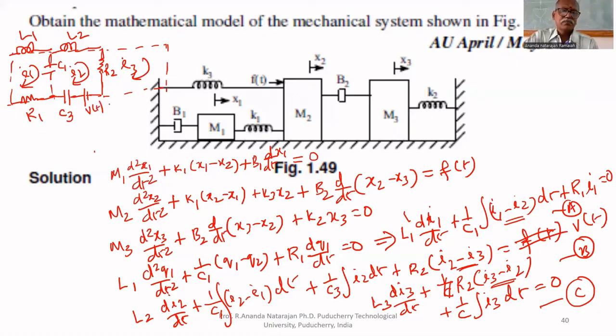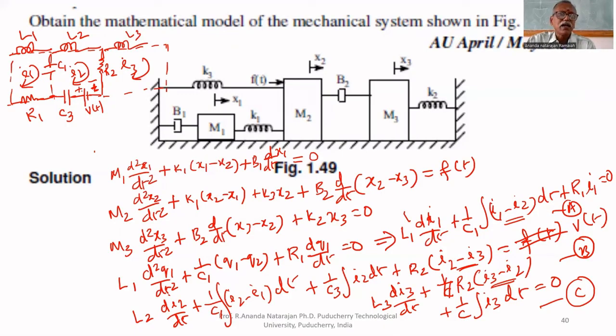About this V(t): it should be positive in the direction of the current. Then in the third loop, L3 is there.